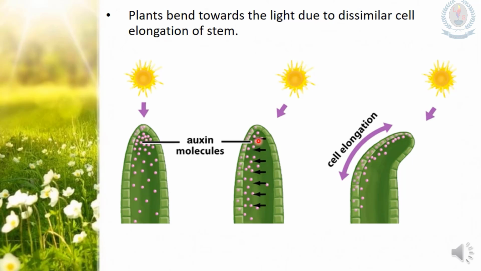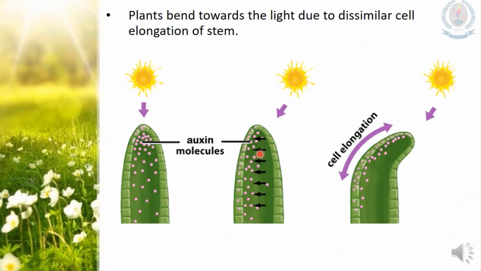I told you now, auxin molecules always like to be on the shady side. When they are getting sunlight only from one side, what happens? Their molecules, auxin molecules, are pushed towards the shady side.